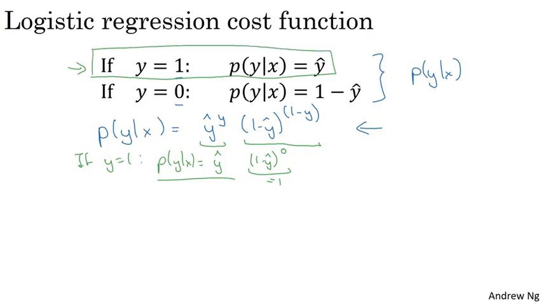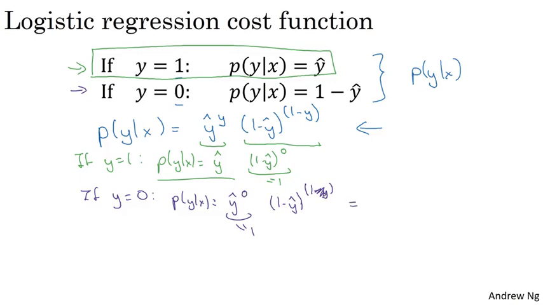Now, how about the second case? What if y equals 0? If y is equal to 0, then this equation is p of y given x equals y hat to the 0, but anything to the power of 0 is equal to 1, so that's just equal to 1 times 1 minus y hat to the power of 1 minus y. So 1 minus y is 1 minus 0, so this is just 1.